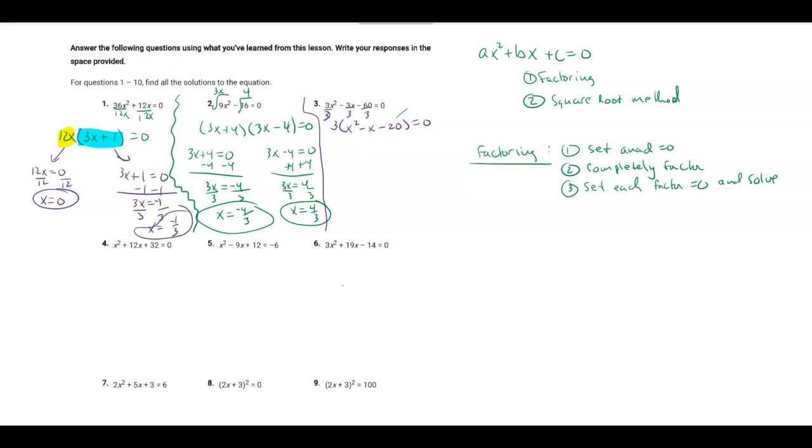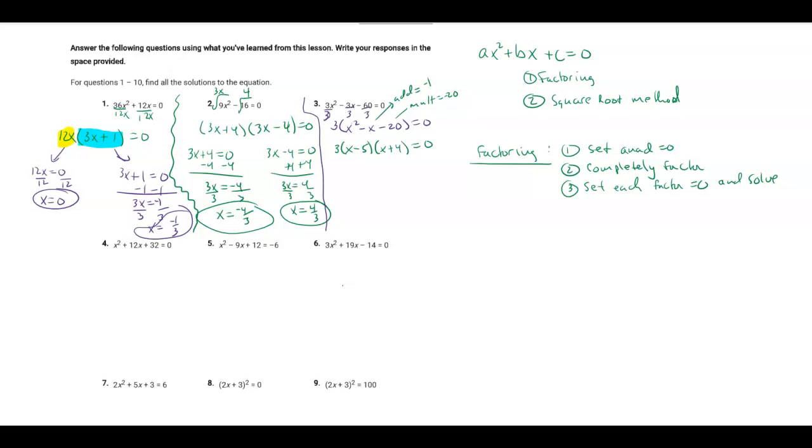So now we have to find the numbers that multiply to give us negative 20 and add up to negative 1. So that would give me 4 times negative 5, so x minus 5 times x plus 4 equals 0.